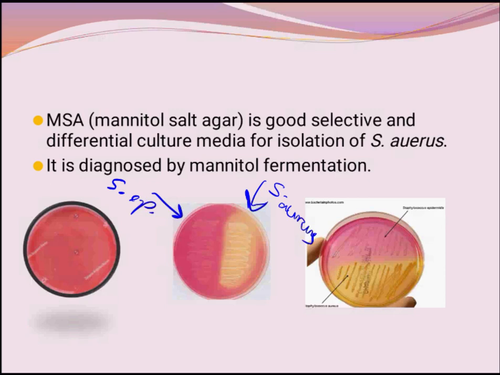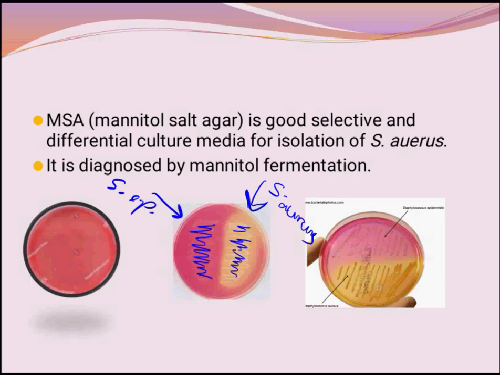Mannitol salt agar is selective for the staphylococci and differential between Staphylococcus aureus, which is a mannitol fermenter that produces this yellow color, while Staphylococcus epidermidis can grow without changing the color of the medium. So it can differentiate between Staphylococcus aureus and the other staphylococci.